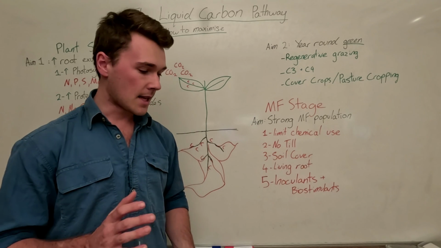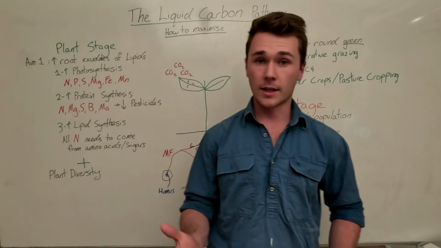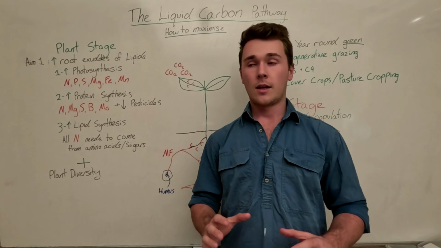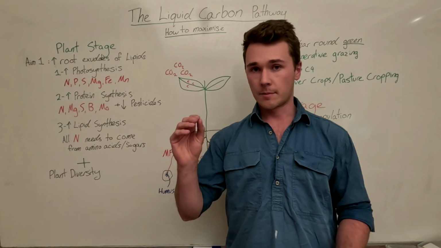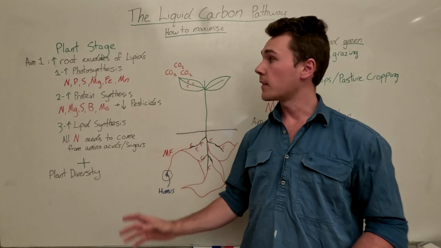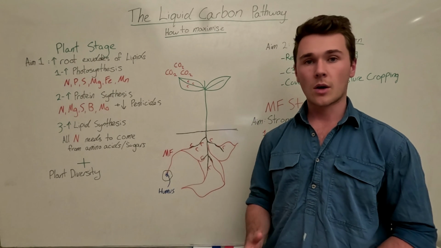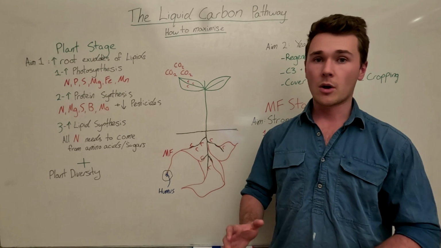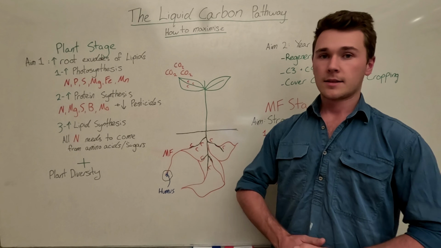And again, this is the number one way to build soil organic carbon. It's not by adding compost or biochar, even though they can be great for different things. If you want to build soil organic carbon, this is the best way to do it because of the high carbon conversion efficiency of 46%. Super high, so much better than the other system.